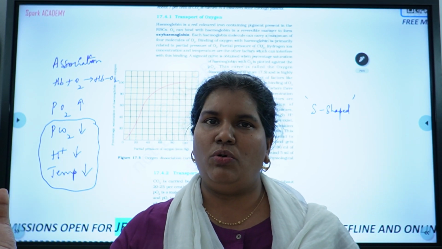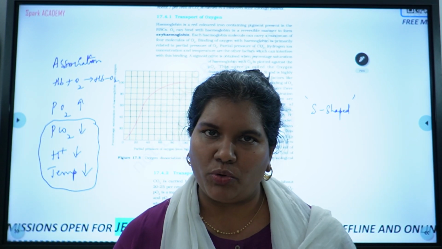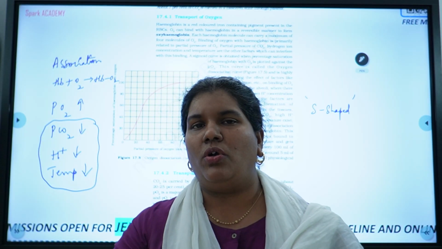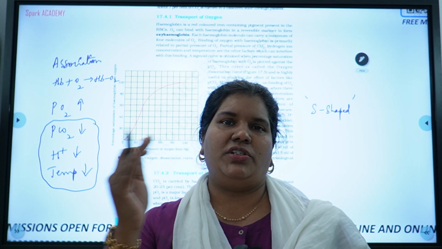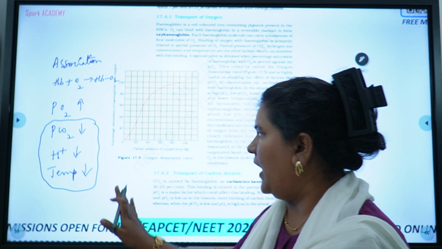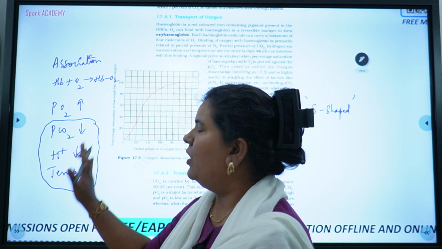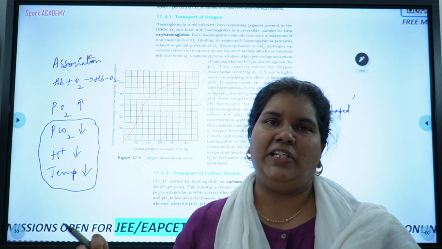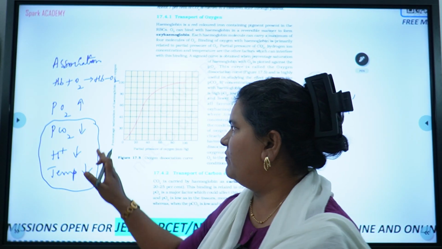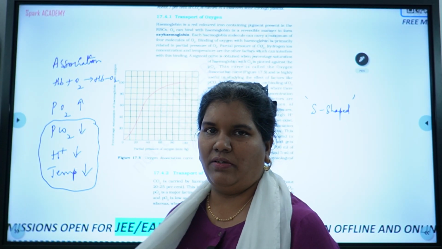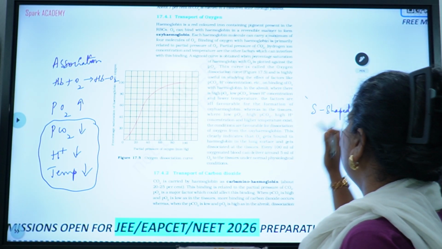When gas is more, partial pressure will be more. When partial pressure of O2 is more, this will help in binding the oxygen to the hemoglobin molecule. Any change in this value will hinder 100% binding, or 100% saturation will not happen if there is any problem with these.